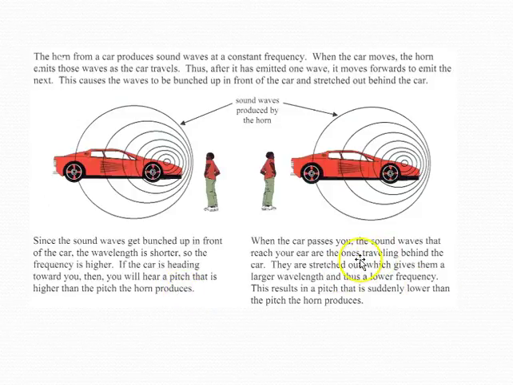The wavelength of the car going past you or traveling past you will be stretched out. That makes a larger wavelength, thus a lower frequency and a lower pitch. So those are the correlations that you need to have.